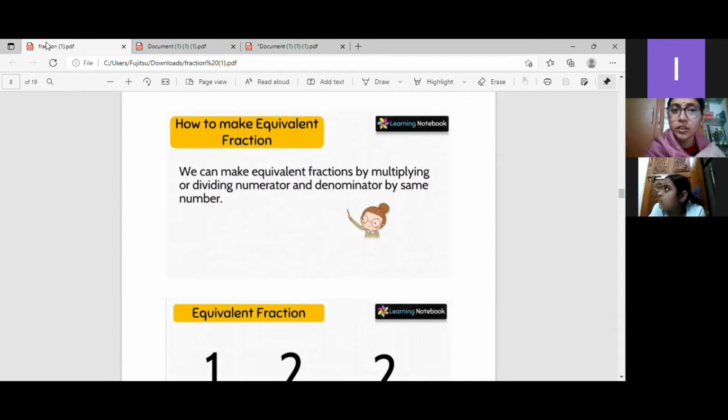We can make an equivalent fraction by multiplying or dividing the numerator and denominator by the same number. Just keep in mind, the same number, multiplying or dividing with the same number.